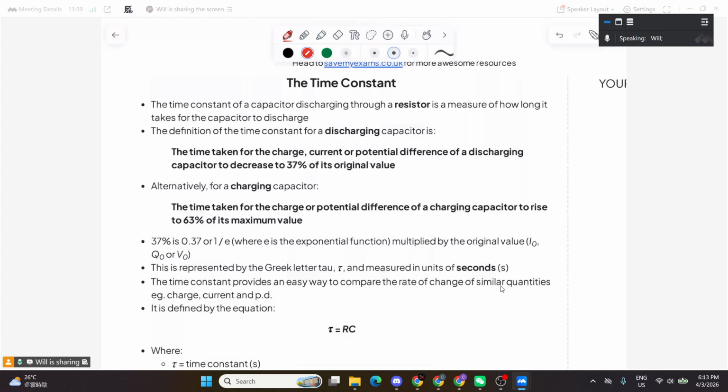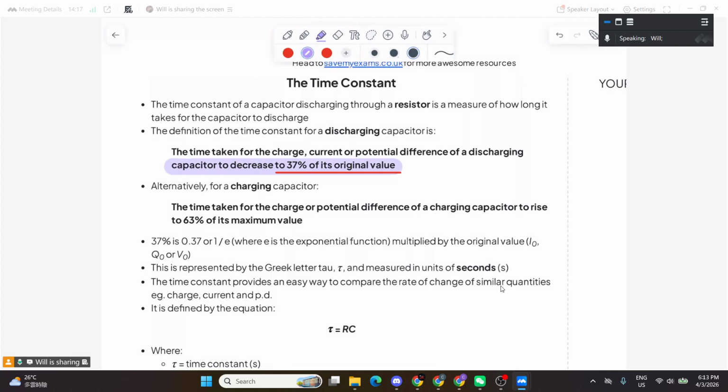It is the time for a particular moment in the discharging process, the moment when we have 37 percent of the original value left.